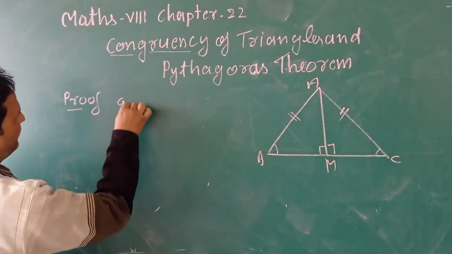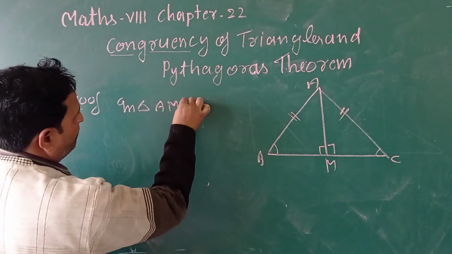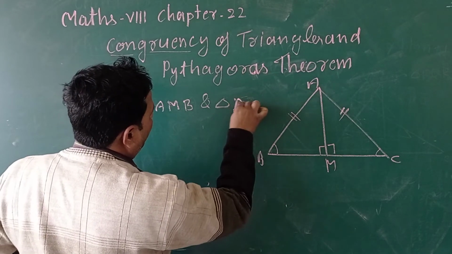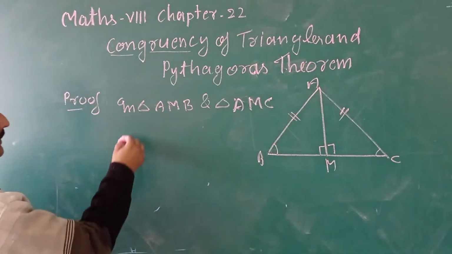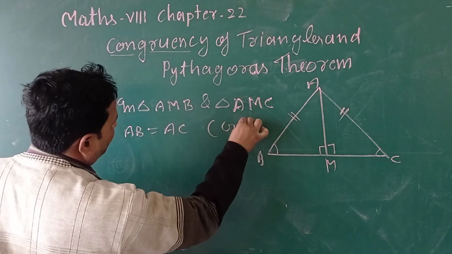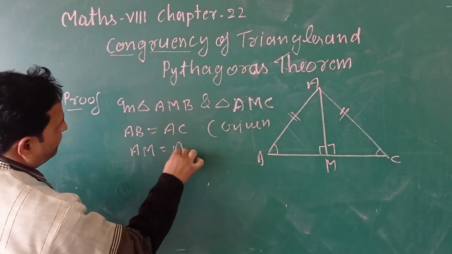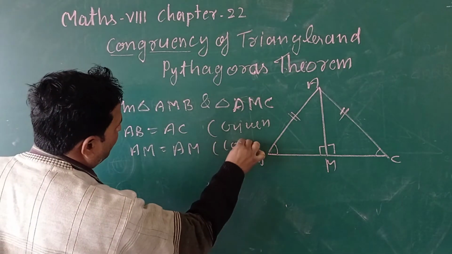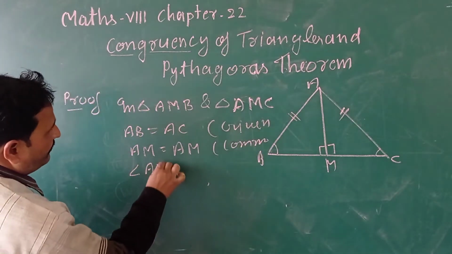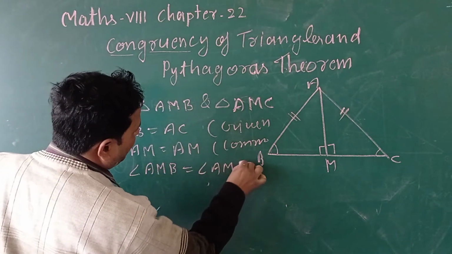You have to write in triangle AMB and triangle AMC. Now AB is equal to AC, already given, and AM is equal to AM, common, and angle AMB is also equal to angle AMC.